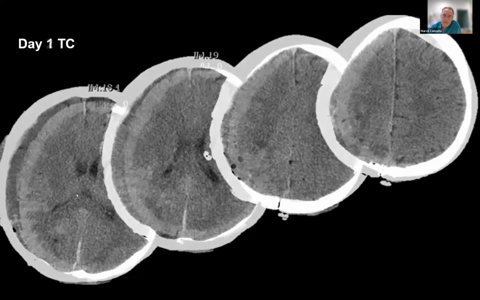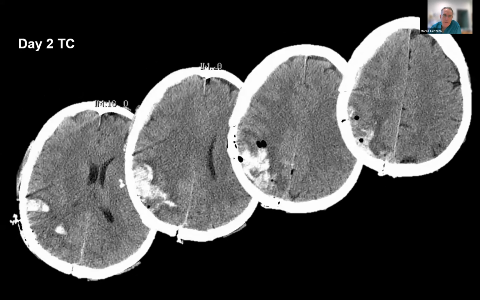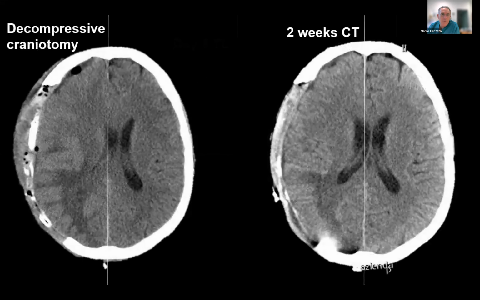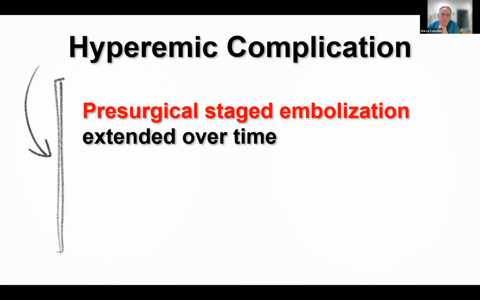But if you see it on day 2, and then day 3, and then day 5, you can see that we had an edema and a shift of the midline that at the end brought us to decompressive craniotomy, and then the brain decreased in size, and at the end the patient got discharged.